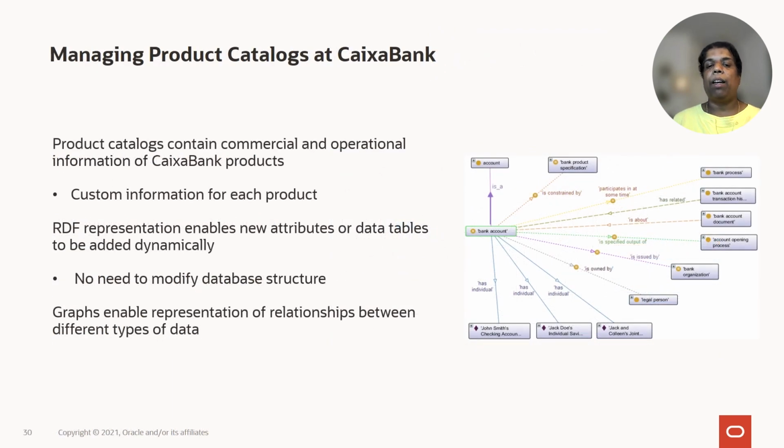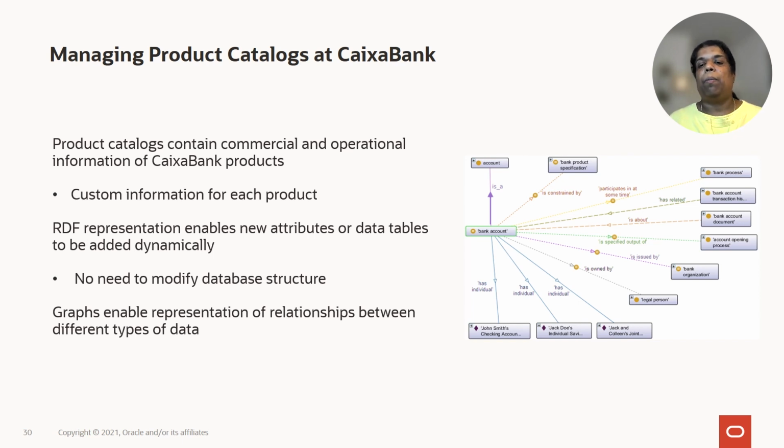And another Kesha Bank example, where they're using RDF graphs for catalog management. So they have a database structure where they store information about the product catalogs, and every time they have a new product offering, like a new credit card or so on, they need to be able to generate new asset information, and there could be new attributes, and they don't want to change the underlying database structure.